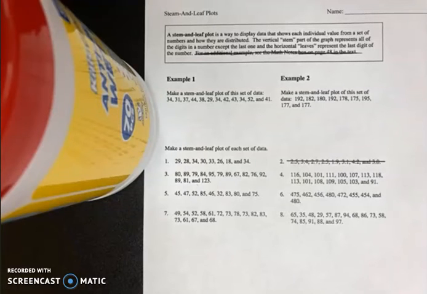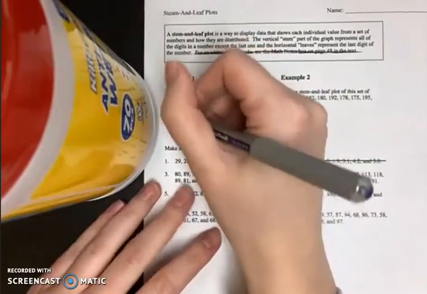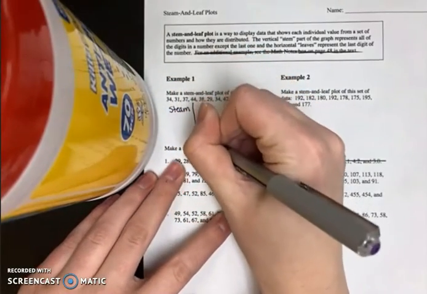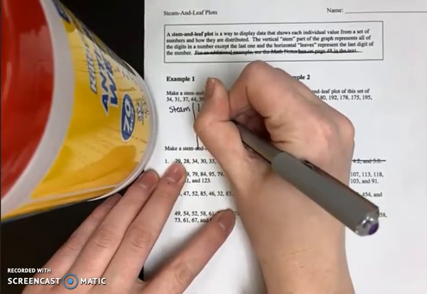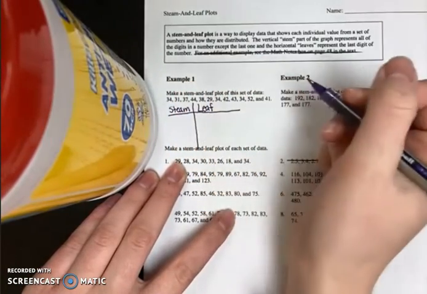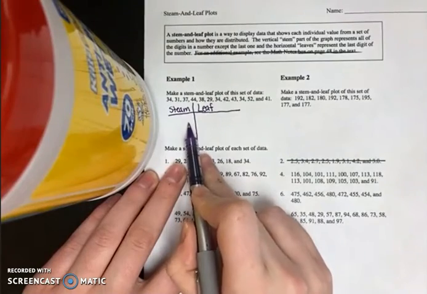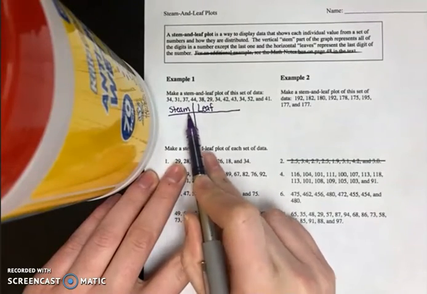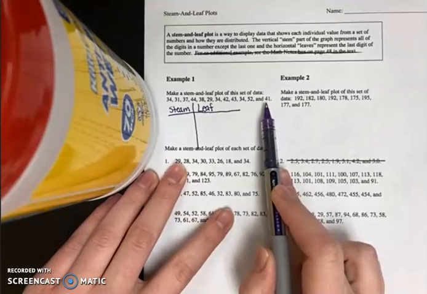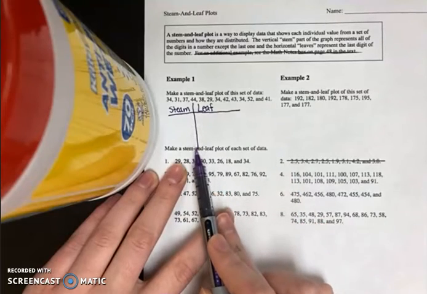So what that looks like is we have a stem and leaf plot. The stem is going to be vertical. So all of these numbers have 2 digits. So the vertical will be my first digit.